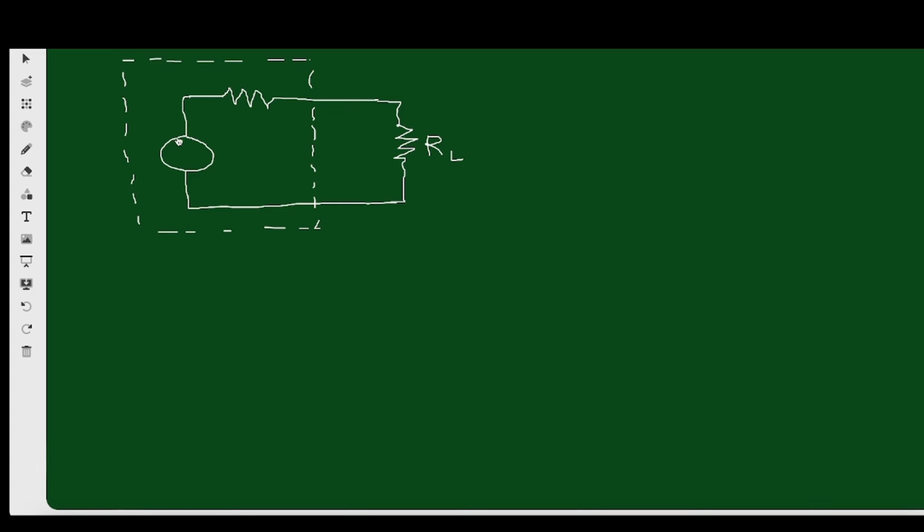We have 8 volts here, and of course we have the load resistor here, RL, and of course this is the network. This is 8 volts and this is 9 ohms. This is the Thevenin theorem, the Thevenin network.